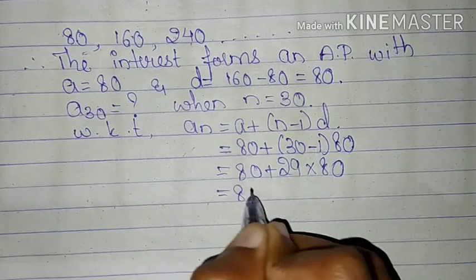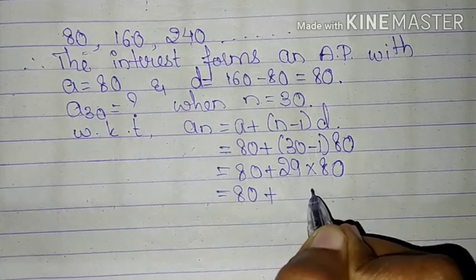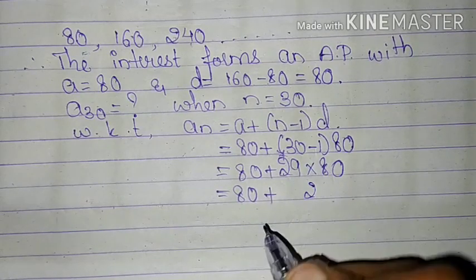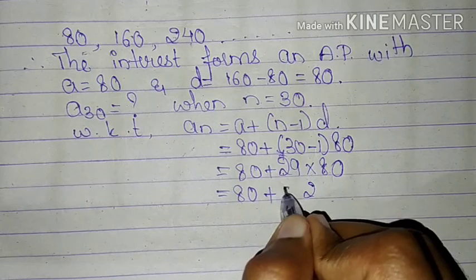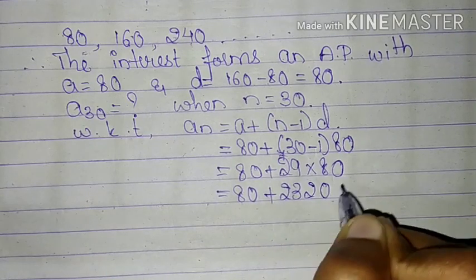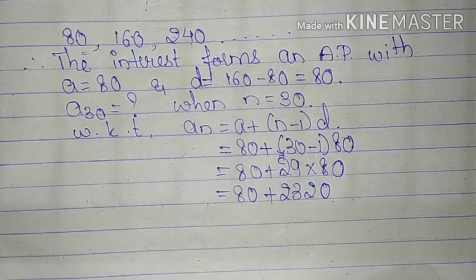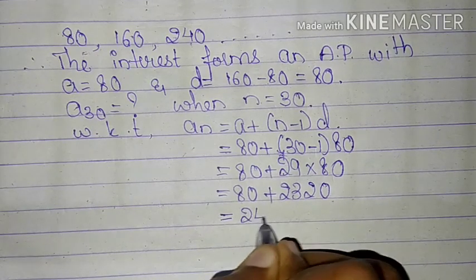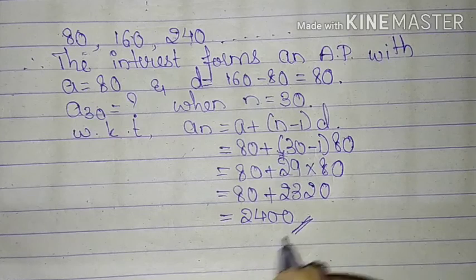What will be the answer? 80 plus 8 9s are 72, 7, 8 2s are 16, 16 plus 7 is 23 and 0 because it is 80, 2320. So 80 plus this will be 2400.